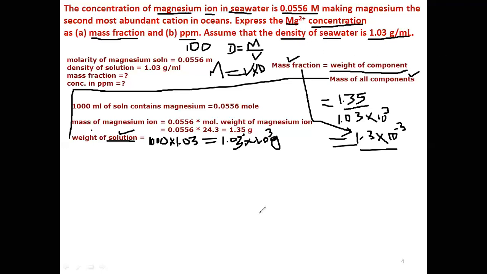Similarly, ppm is equal to mass fraction into 10 raised to the power 6, an important formula, because ppm means out of 10 raised to the power 6, just as percent means out of 100.